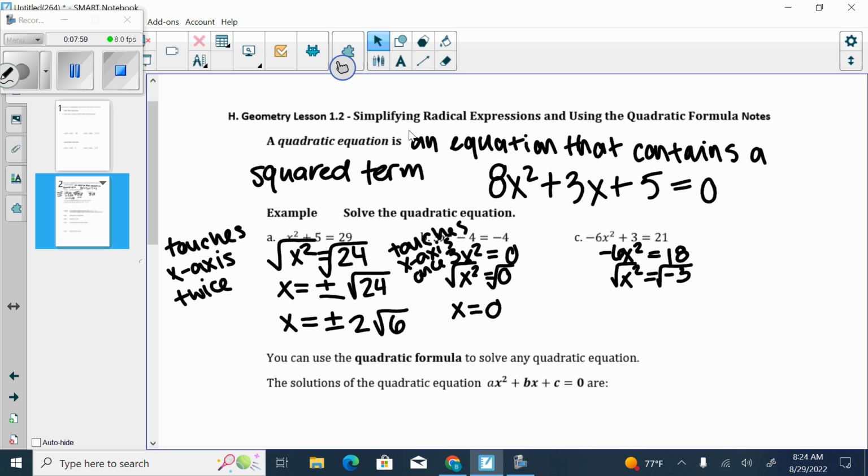Or if you square a positive number, you still get a positive answer, right? So there is no number I could have possibly squared, no decimal, anything, to get a negative 3, right? So since this is not possible, I would say that this one doesn't have a real solution, right? So square root of negative 3 is not possible. So as far as a solution goes, this one is not going to have a real solution.